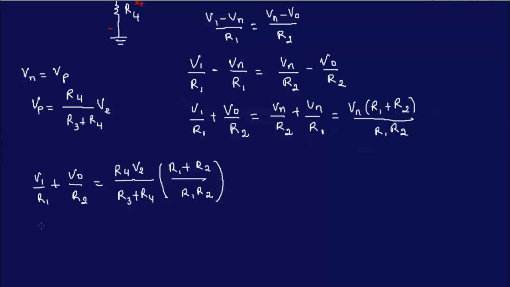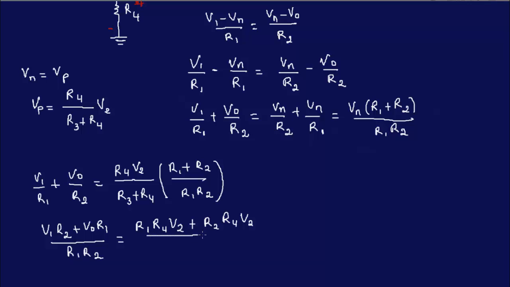So I have V1 R2 plus V0 R1 equal to R1 R4 V2 plus R2 R4 V2 over R1 R2 times R3 plus R4. So I can pretty much cancel R1 and R2 here.